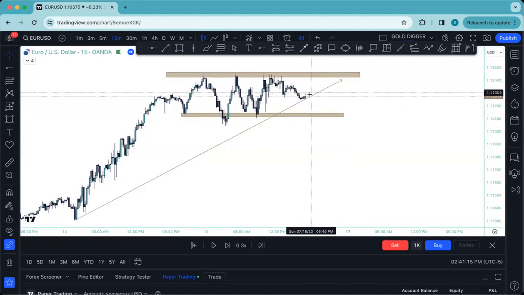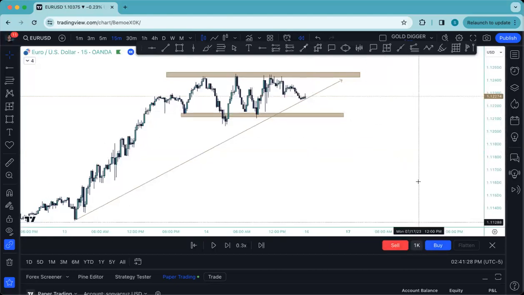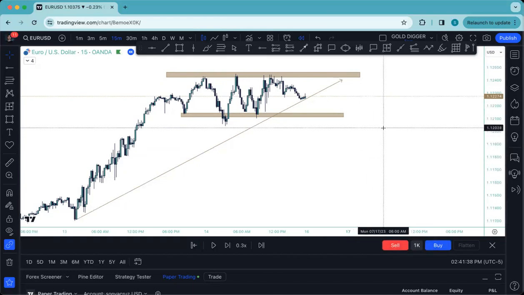And then, once it breaks this and then you see it retest, then you're able to hit sell or buy, right? Or if you don't want to do that, you're going to have your demo account or paper trading set up to have this buy or sell right here.